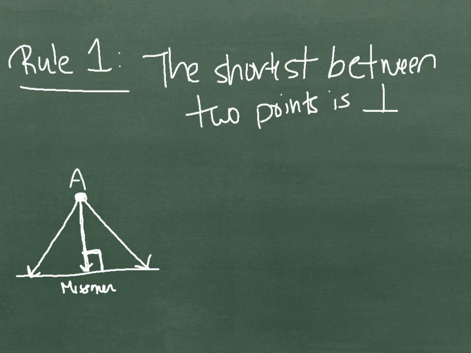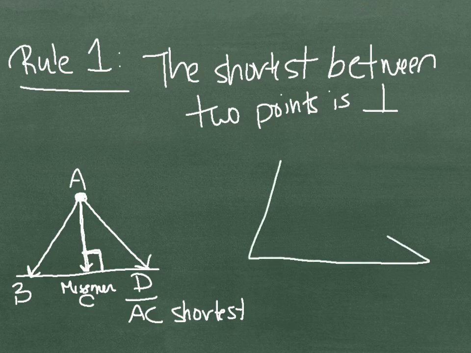So if we named this, let's just throw some letters on here. What they'll do is they'll ask you what's the shortest distance or the shortest segment between the point and the line. Well, AC would be your shortest distance. Okay, now you may see another one. Let's say that it's over here now. We have this triangle, something like this, and they'll throw a line in here.